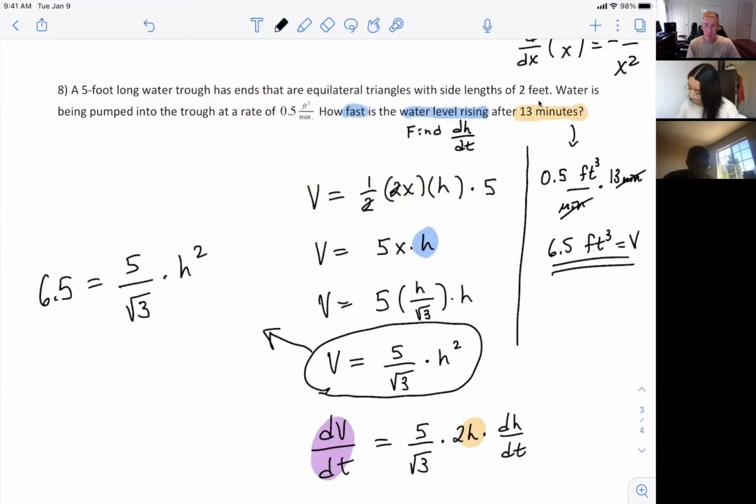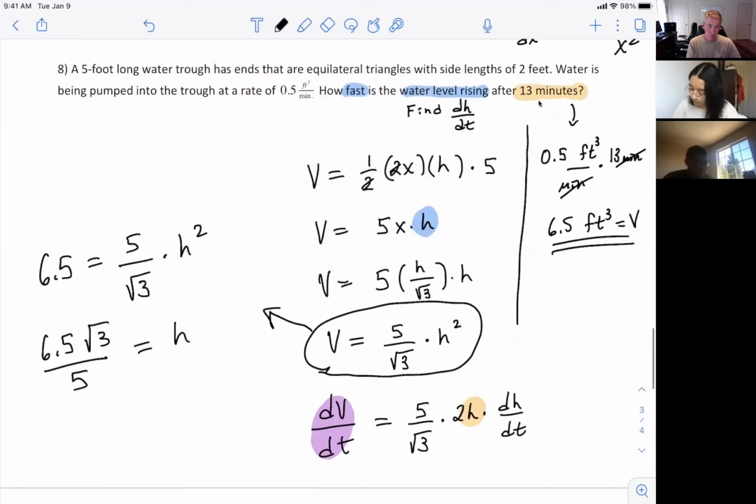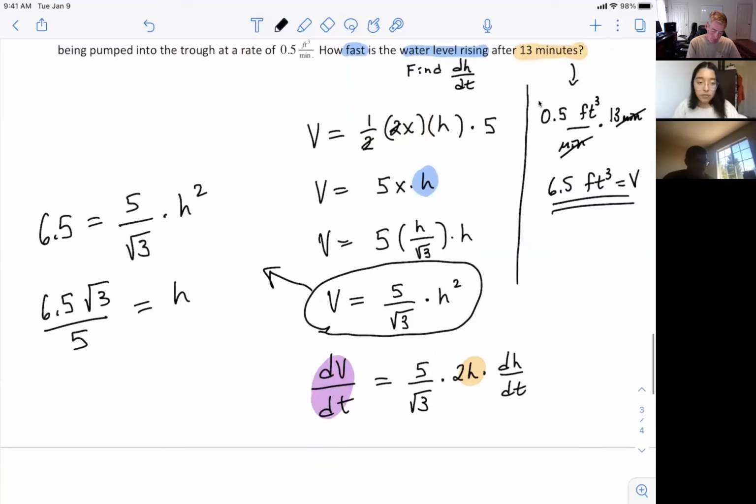And then I could find out what h equals. So it's going to be 6.5 times the square root of 3, and then divide both sides by 5. And then that's what h squared would equal. And then to solve for h, take the square root of all that. 6.5, the square root of 3 divided by 5, and the whole thing is still square root.